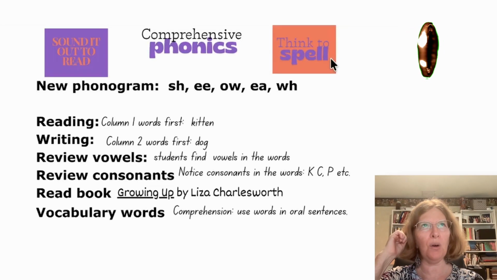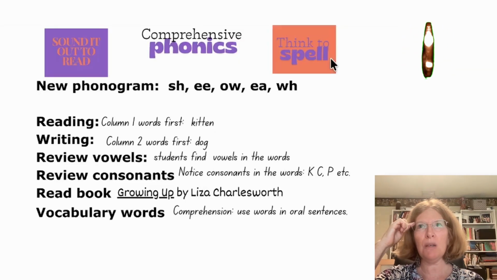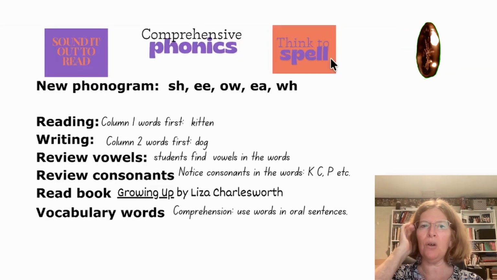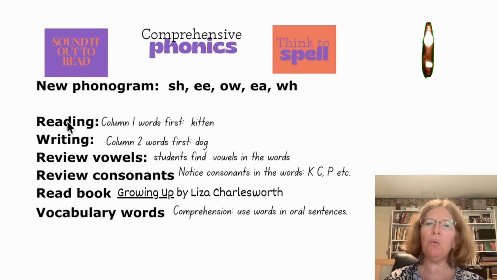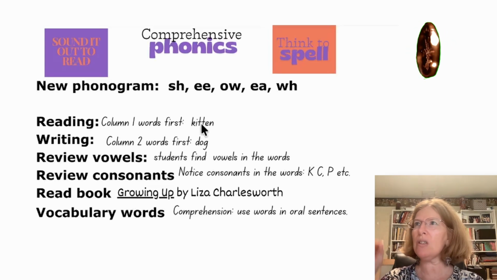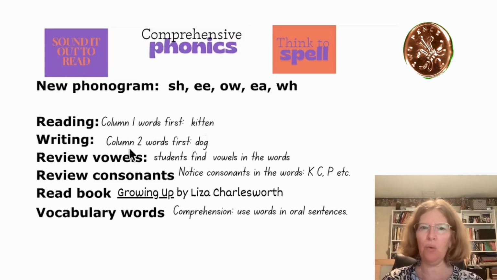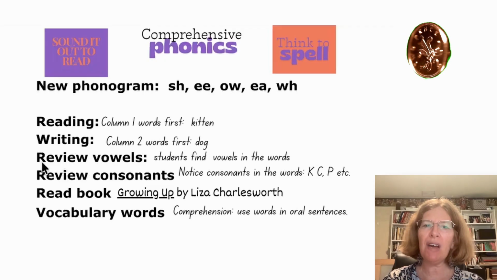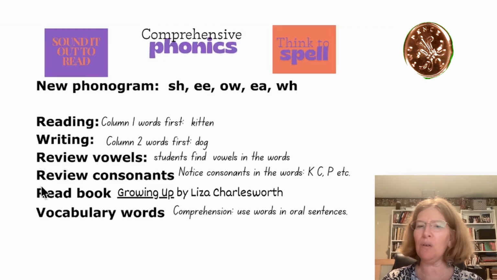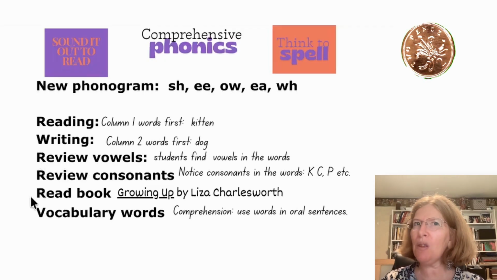You hear the word and you think how it should be spelled, and then you write the word down. So we're teaching reading the first column of words, kitten and so forth, writing the second column, cat and so forth. And then after that, we're going to review the vowels, review the consonants in a little game, and then you can read the book.